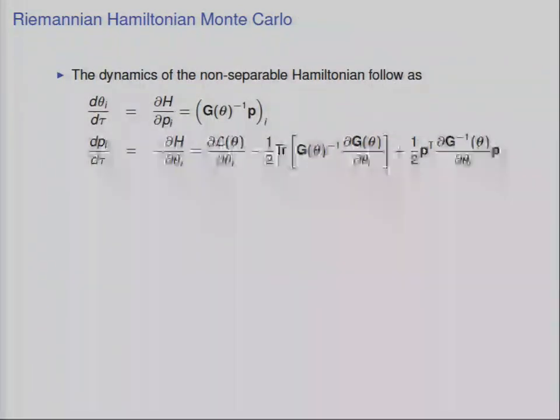Okay, I'll run through this fairly quickly, but the dynamics now of the Hamiltonian, remember the Hamiltonian is now no longer separable, and so we can't use nice tricks like Poisson brackets and so forth to define integrators.